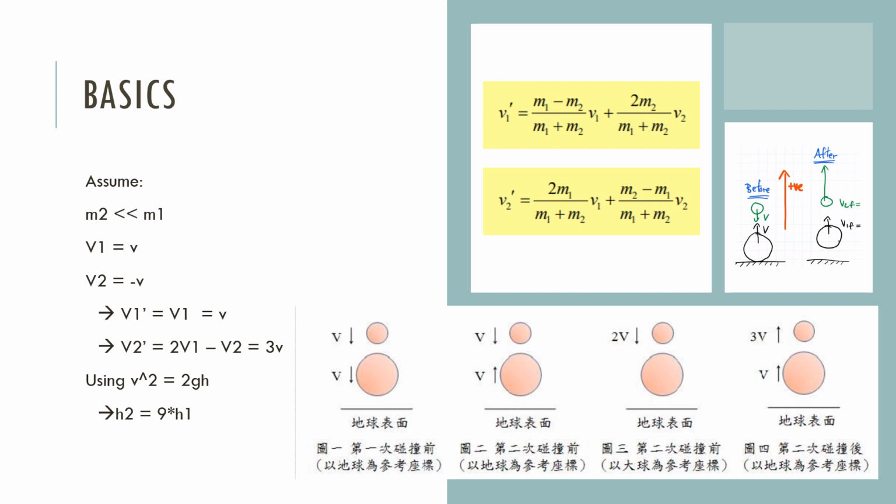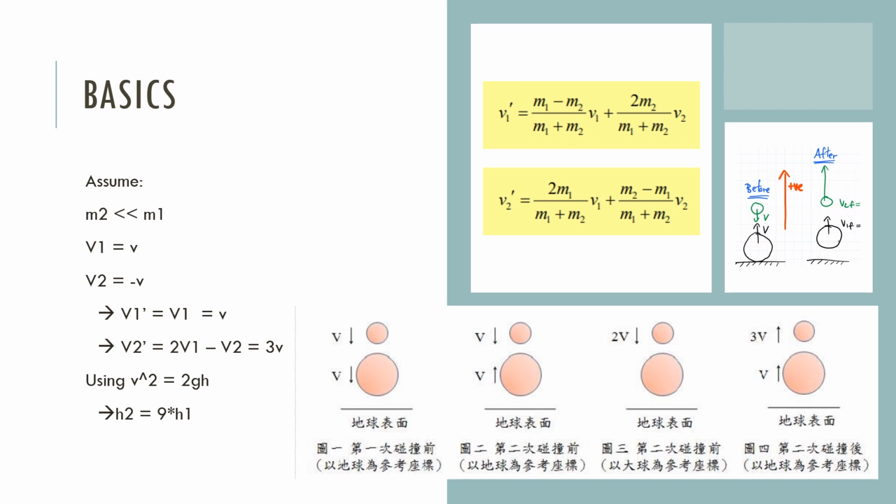We plug in that the mass of the second ball is smaller than the mass of the first ball. Then we can get the final velocity of the first ball equal to v, and the final velocity of the second ball is 3v.